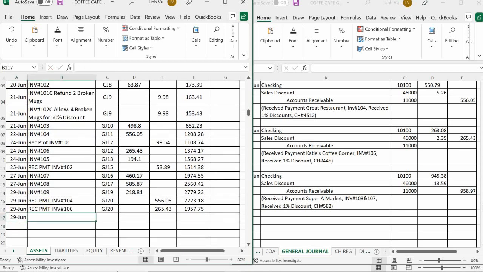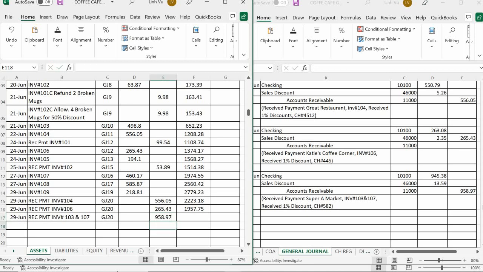629. We received payment for invoice number 103 and 107, which subtracted a total of $958.97.